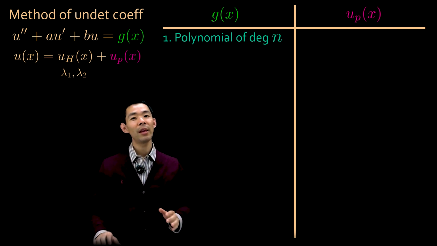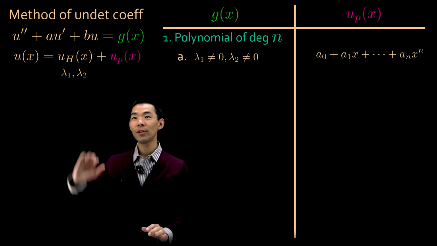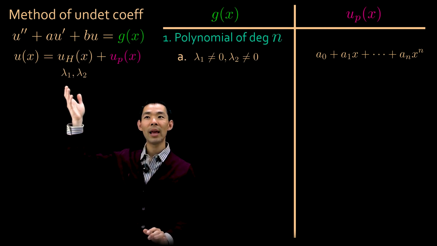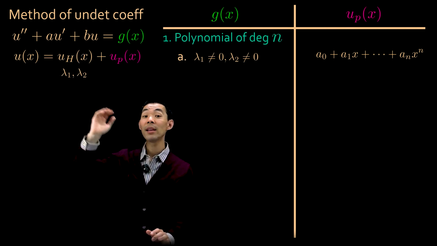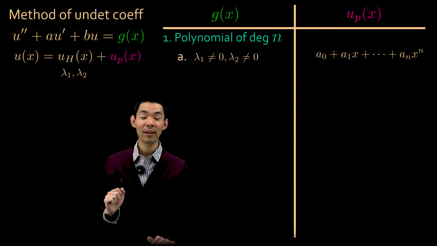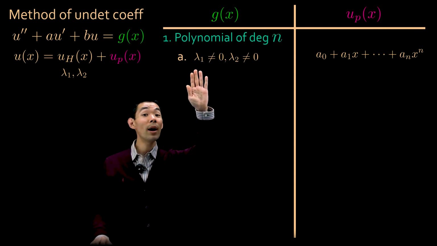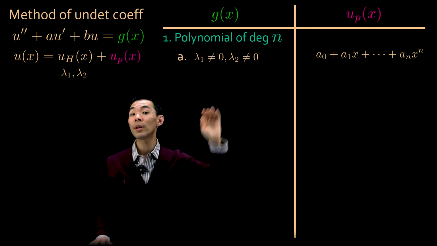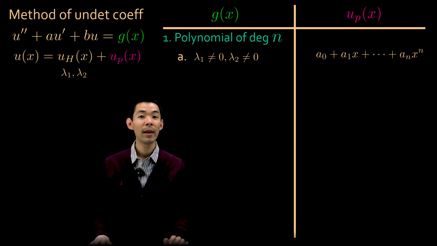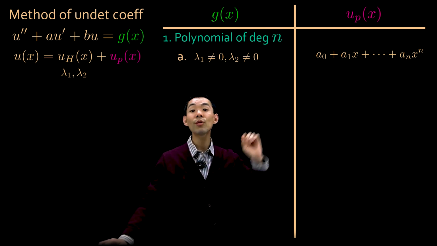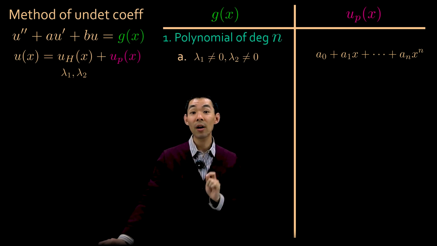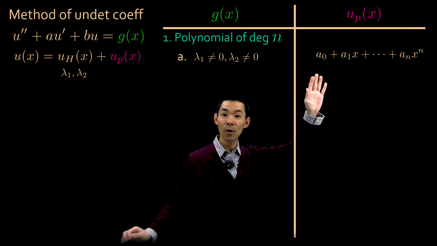So if you found your homogeneous solutions, lambda 1 and lambda 2, and neither of your roots were equal to 0. In other words, lambda 1 was not equal to 0 and lambda 2 was not equal to 0. Neither equal to 0.